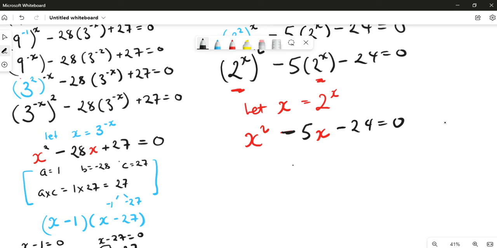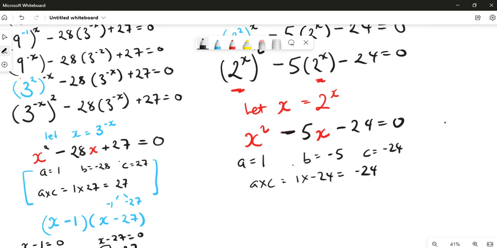So what is our a? Our coefficient of x squared is 1. B, coefficient of x, is negative 5. C is negative 24. So a times c equals 1 times negative 24, that gives us negative 24. So we have to find two factors of 24. When you multiply them, they give you negative 24. When you add them, they give you negative 5.